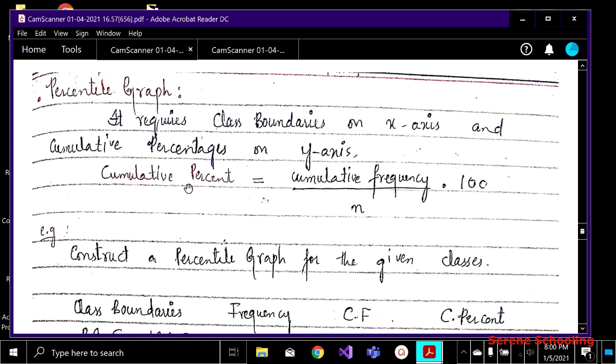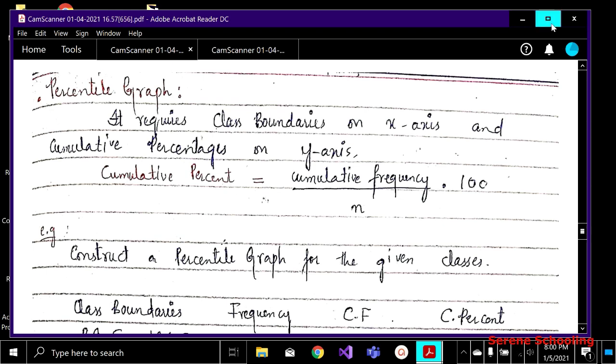Relative frequency also gives us the percentage of that data value out of all the data values. This cumulative percentage also gives the answer in percentage, but it is for percentiles, and through this percentile graph you can also guess the percentile rank.